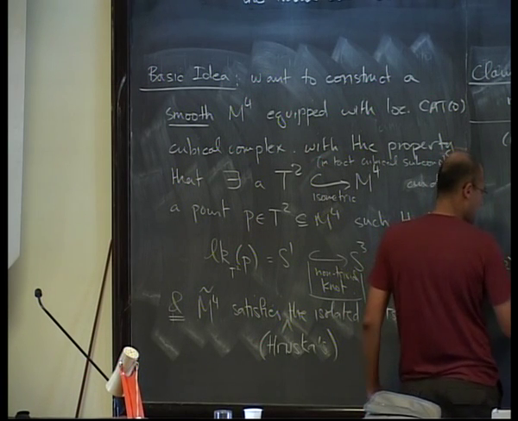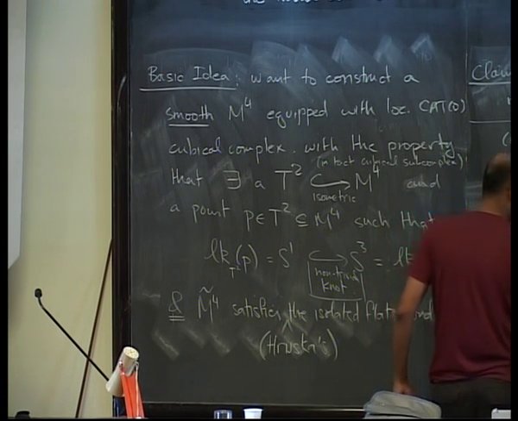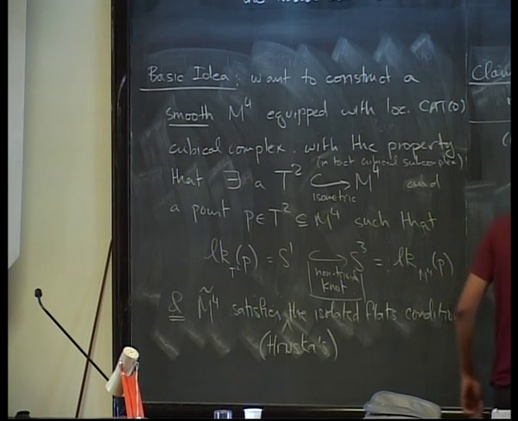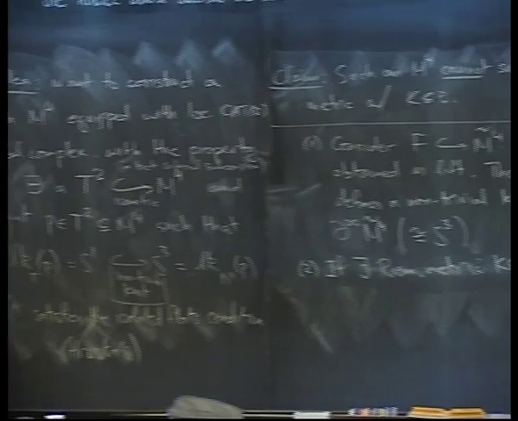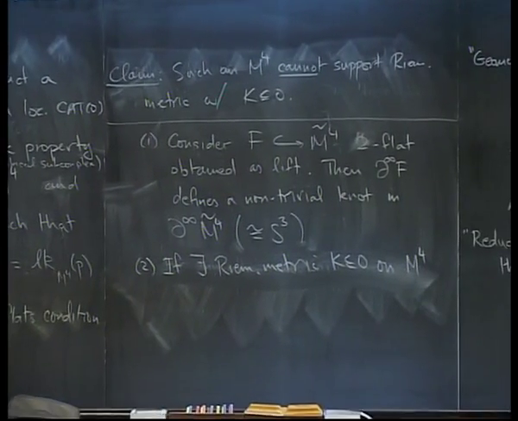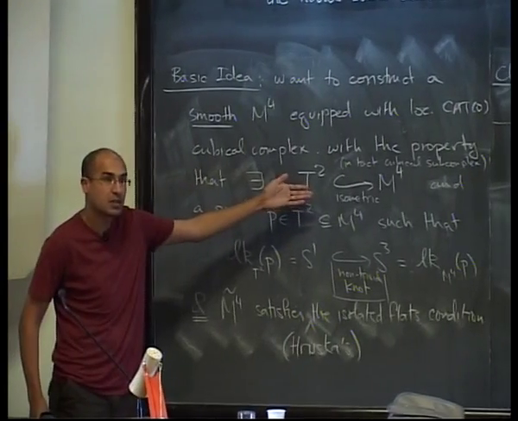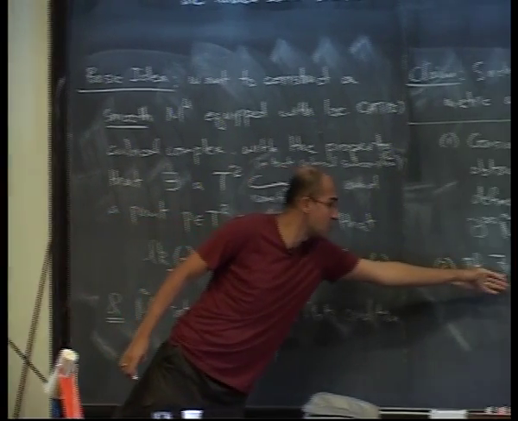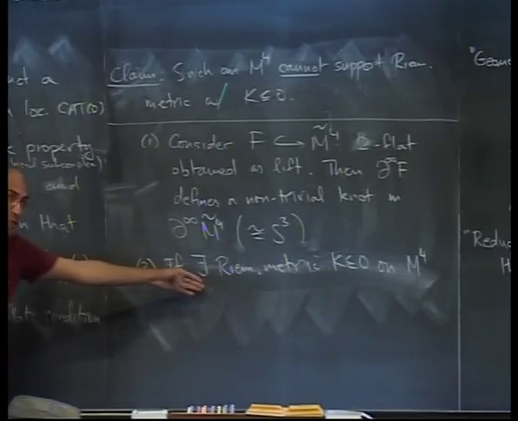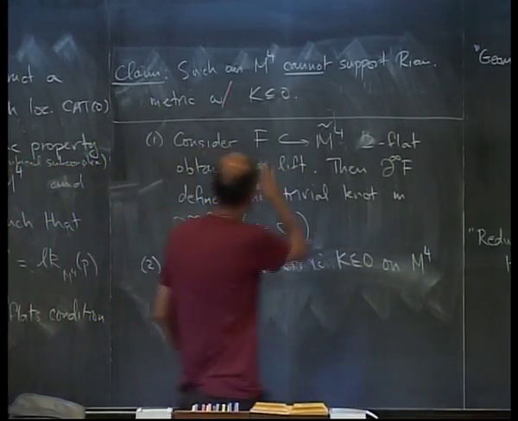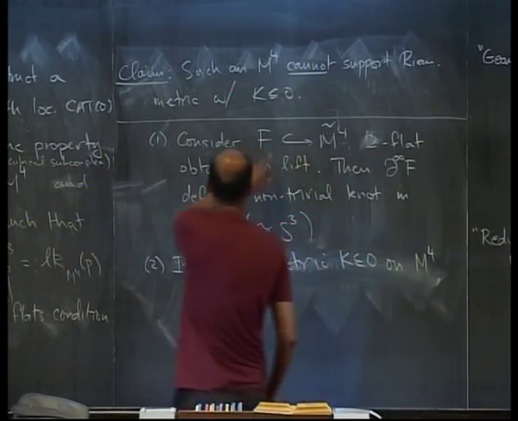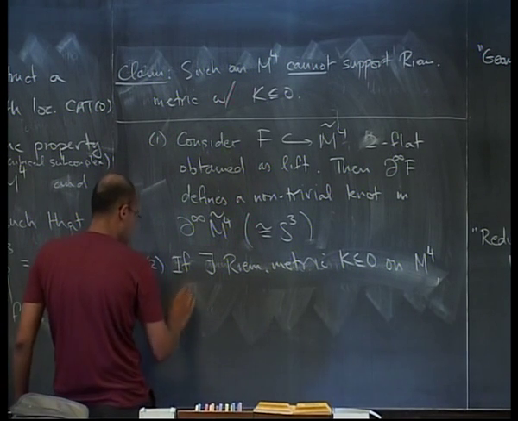If there exists a Riemannian metric with non-positive curvature on M4, then the torus corresponds to a Z squared in the fundamental group. The Z squared gives you a flat torus for this other metric. So we can look at the analogous flat in the universal cover.